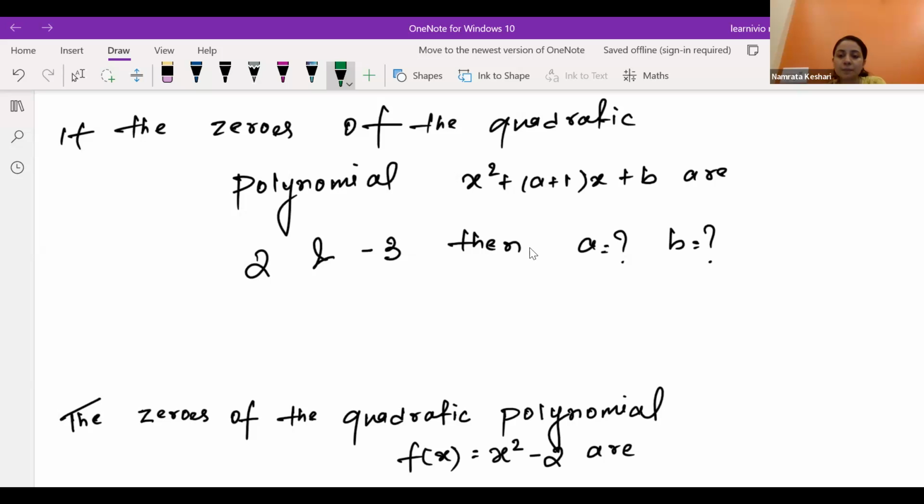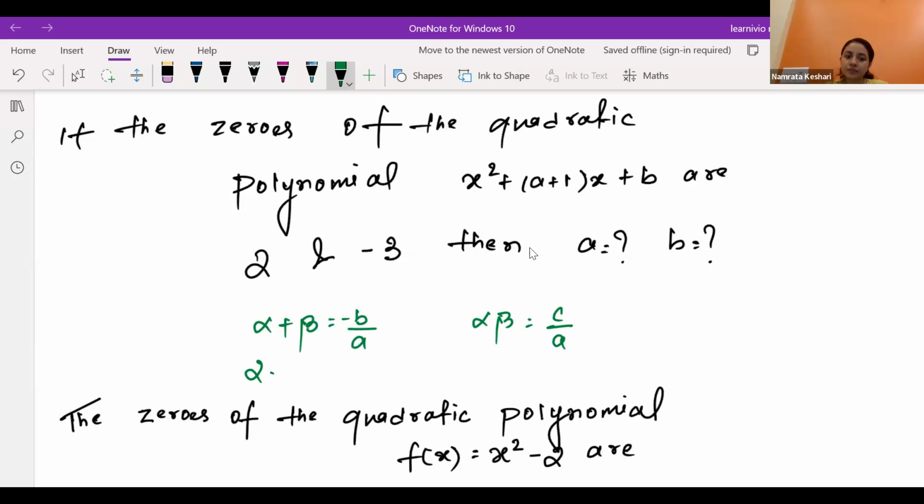Ma'am, first what I did was I found the alpha and beta by using alpha plus beta. Wait, sorry, once again. Alpha plus beta is equal to minus b by a. So by putting it, I get a as 0.